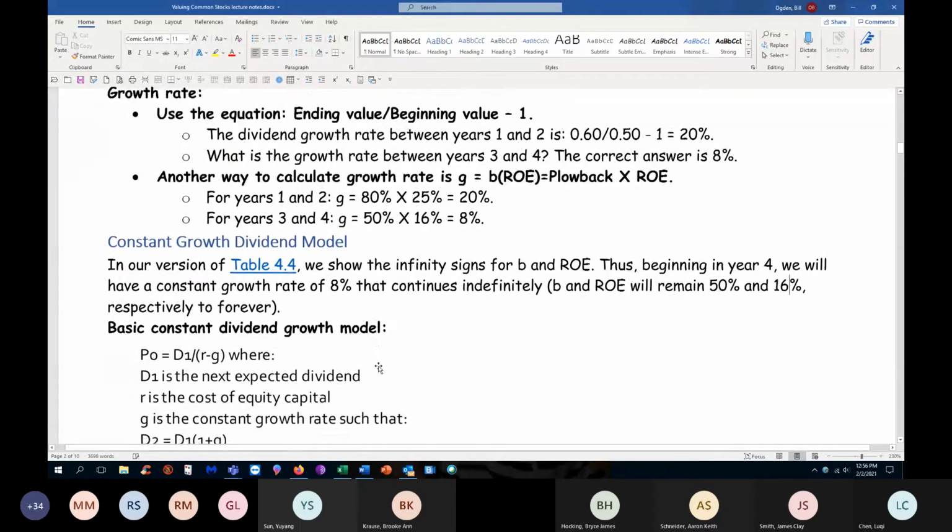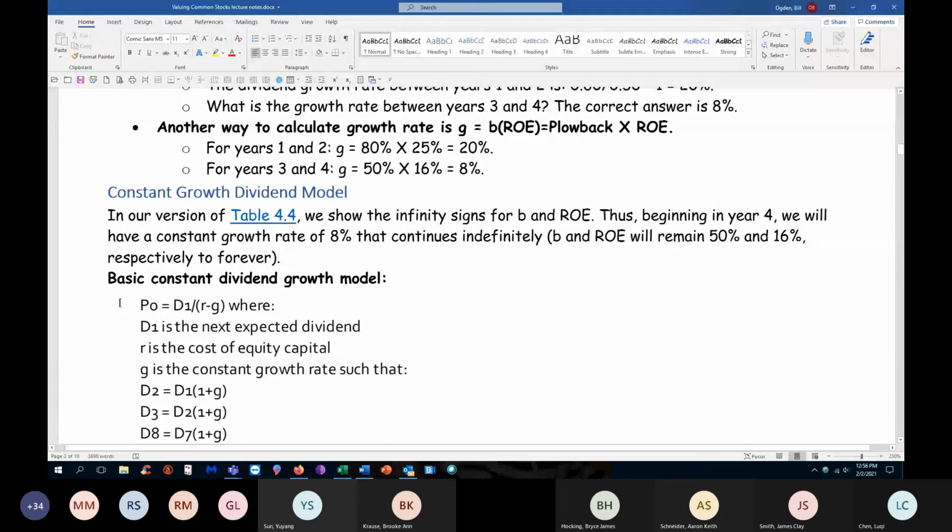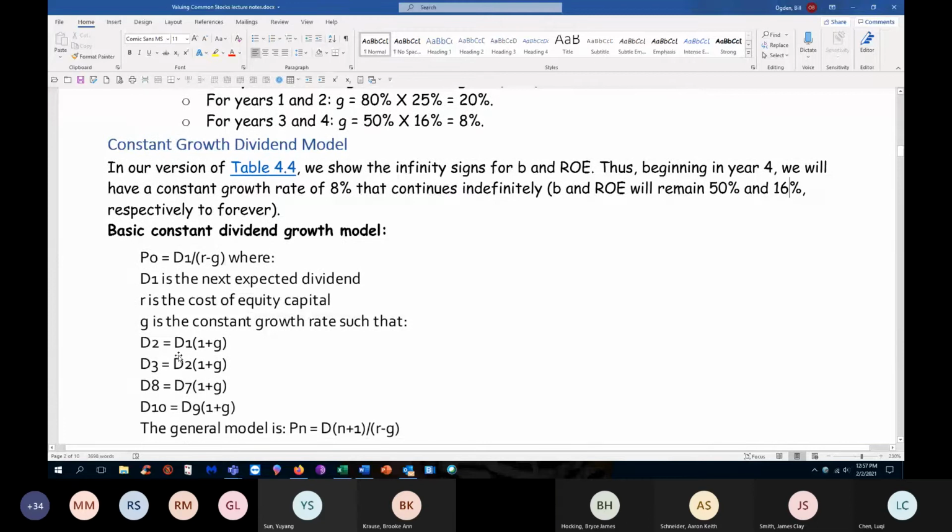Forever. Okay. So here's the general model for a constant dividend growth valuation. You're going to say the price today is equal to the next dividend divided by the discount rate minus G. Where D1 is the next expected dividend, R is the cost of equity capital, and G is the constant growth rate such that, now notice, what's the relationship between D1 and D2?